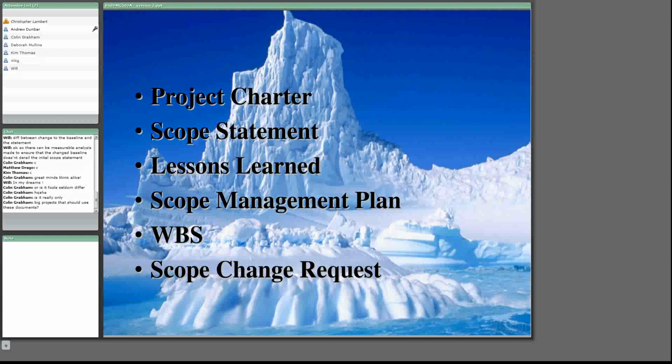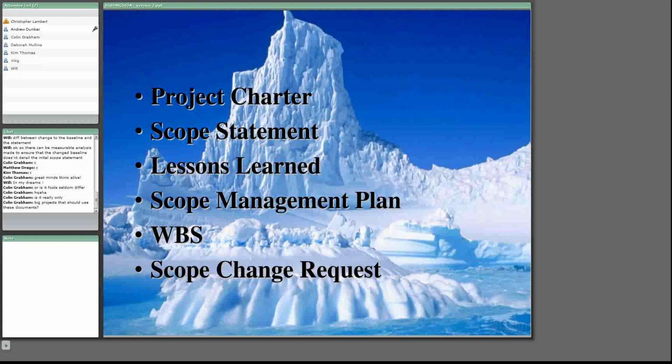Colin says big projects that should be used. Yes. You know, Colin, in the front of that project management book, there is a very good table on looking at big projects and light projects and minor projects.